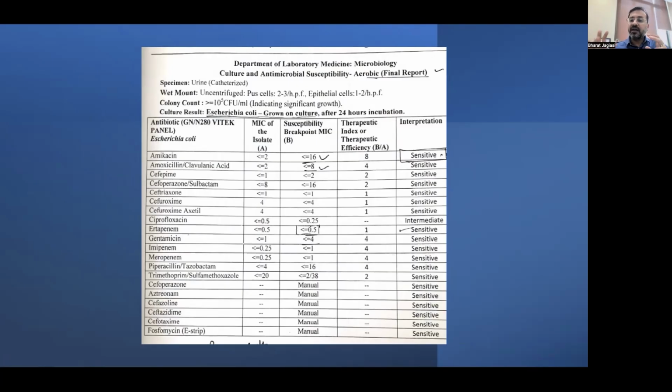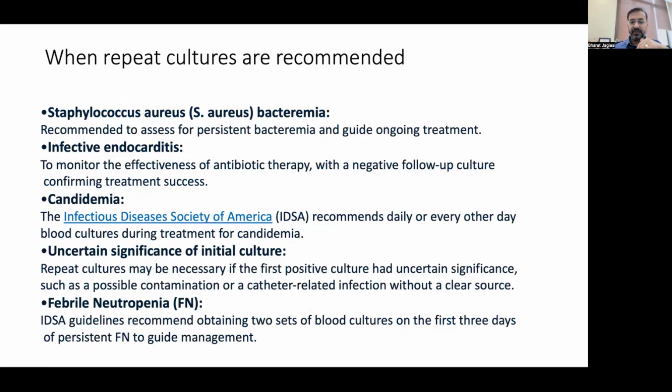So this is why it's important to know the therapeutic index, because when you come across this kind of a chart where multiple antibiotics are sensitive, we end up using the lowest MIC, which is not the right point, because the MIC varies with the different drug, but the right way is using the ratio of the susceptibility breakpoint to the MIC of the isolate.